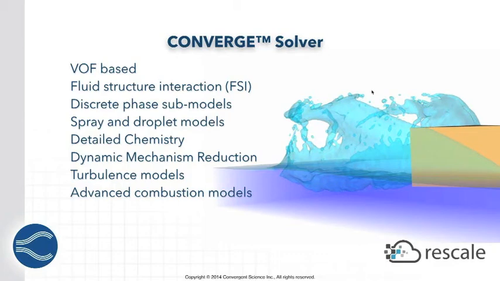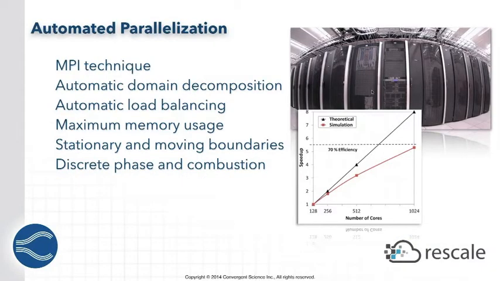The Converge solver has a VOF-based option allowing for free surface and fluid structure interaction problems to be handled efficiently. Aside from the tremendous benefit of having the meshing fully coupled with the solver, Converge also offers many discrete phase submodels and detailed chemistry with dynamic mechanism reduction. So we've tried to make running Converge in parallel as effortless as possible while still allowing for control.